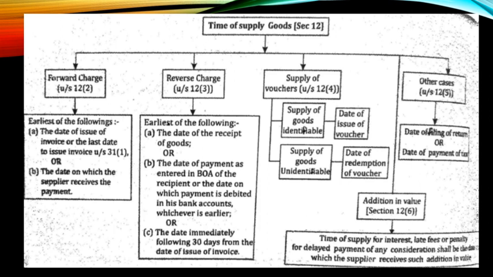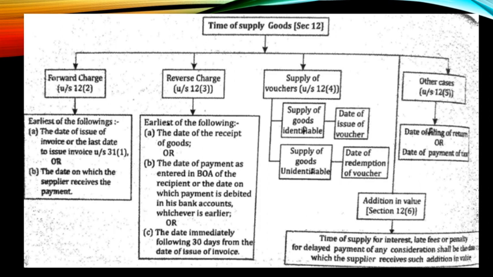As we discussed, under forward charges, it is the earliest of the following: the date of issue of invoice or the due date of issue of invoice, or the date of payment received by the supplier. When I speak about date of payment, it means the earliest of the following: the date on which the supplier receives the payment, or the date on which the payment is entered in the books of accounts of the supplier, or the date on which the payment is credited to the bank account.